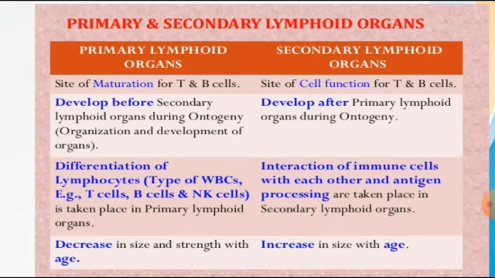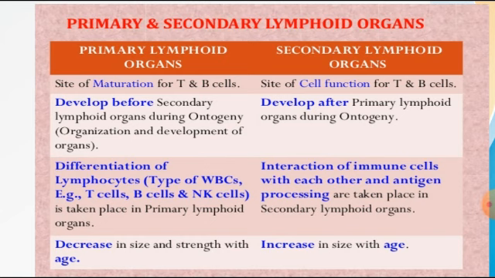And about maturation, in primary lymphoid organs the T cells and B cells mature only in the primary, and in the secondary the T cells and B cells become functional. That means the B cells interact with the antigens, so that antibodies will be produced. The primary lymphoid organs develop before the secondary lymphoid organs, and the secondary lymphoid organs develop after the primary lymphoid organs.